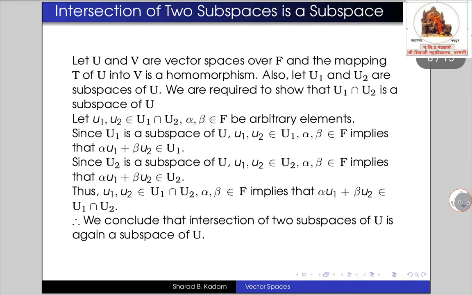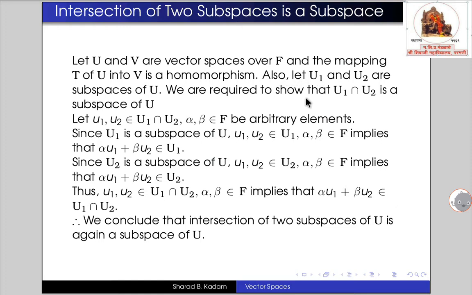Next example. Now we will show that intersection of two subspaces is also a subspace. So we consider two vector spaces U and V over the field F, and consider the function T from U into the vector space V is a homomorphism.